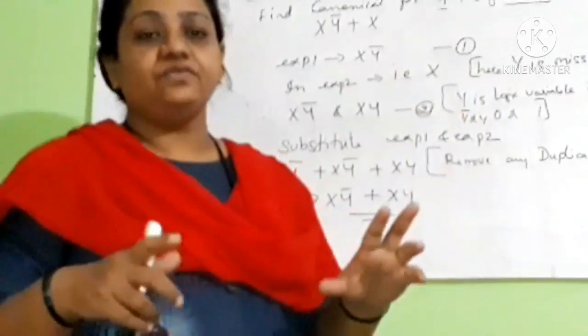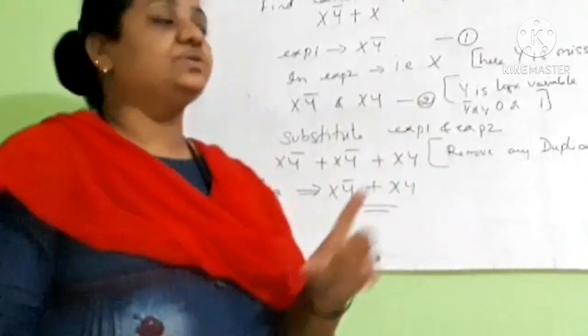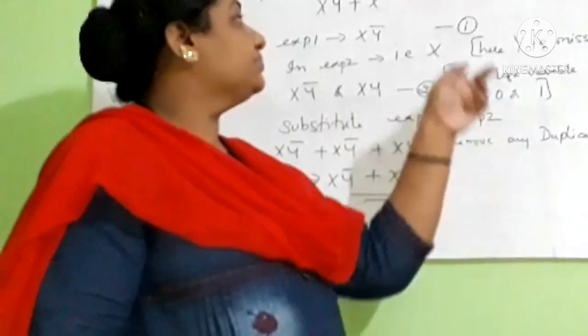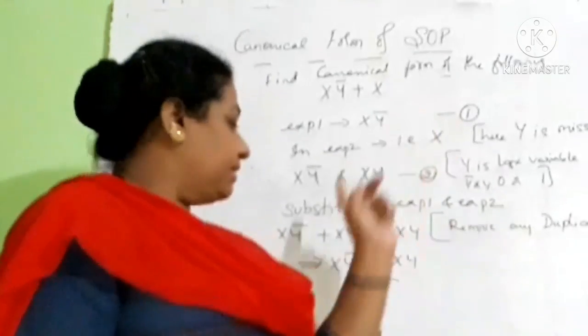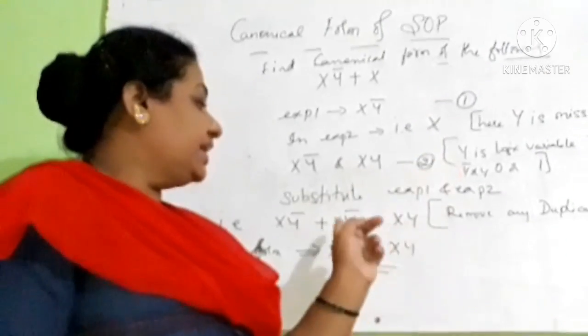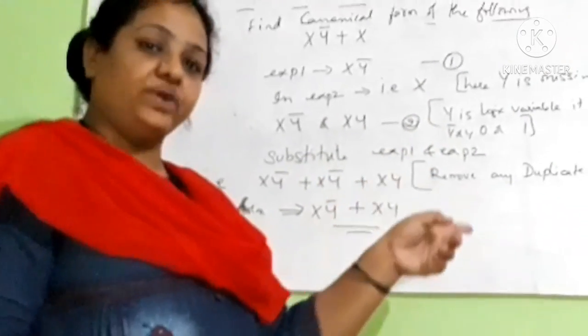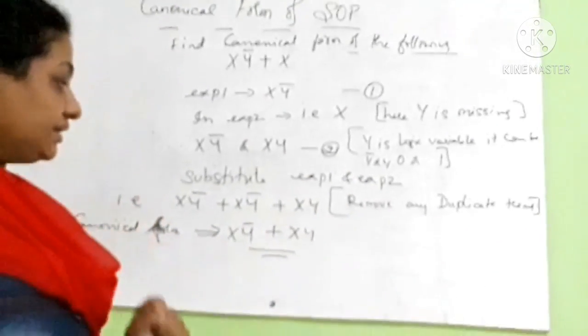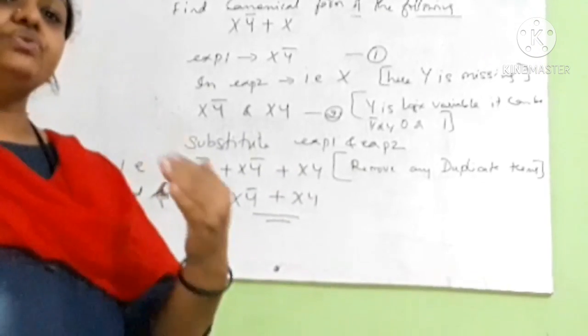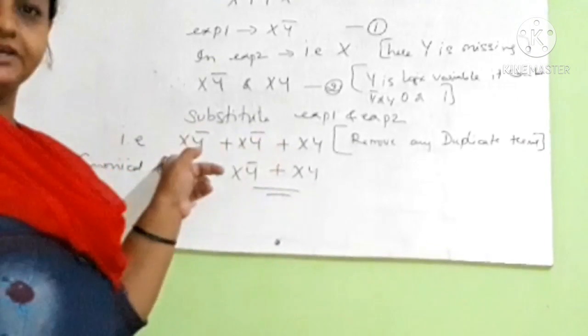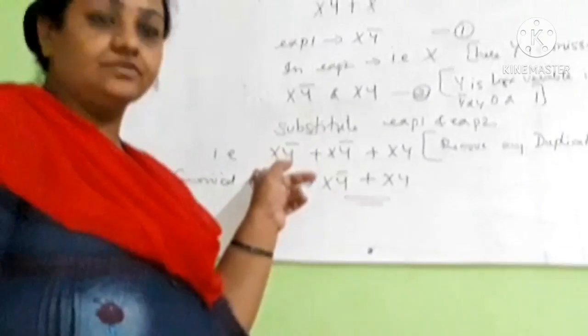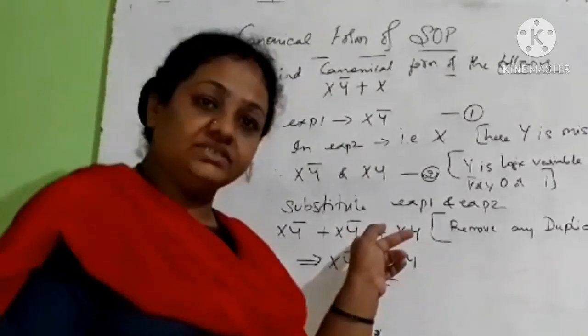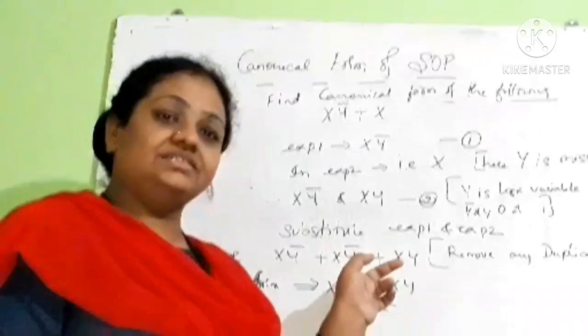Now we join expression 1 and expression 2. Expression 1 is x y bar and expression 2 is x y bar plus x y. Next step is to find the duplicate terms. Are there any duplicate terms? We have two duplicate terms, x y bar and x y bar.